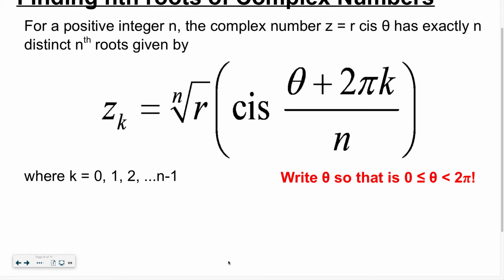Okay, this statement is actually important so that you know how many answers to give me. A complex number that you take the nth root of will have n distinct roots. And the word distinct there means different.